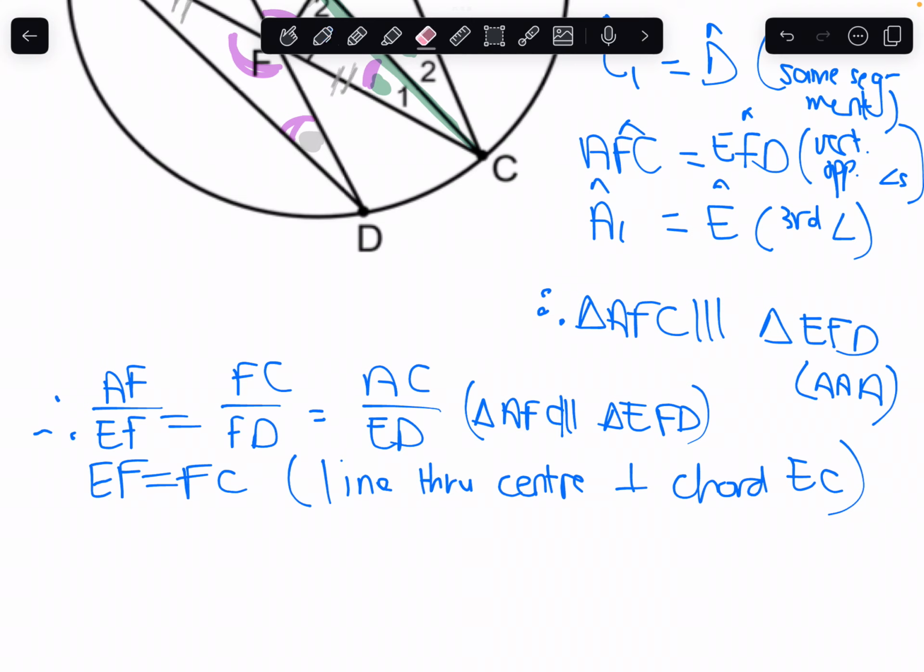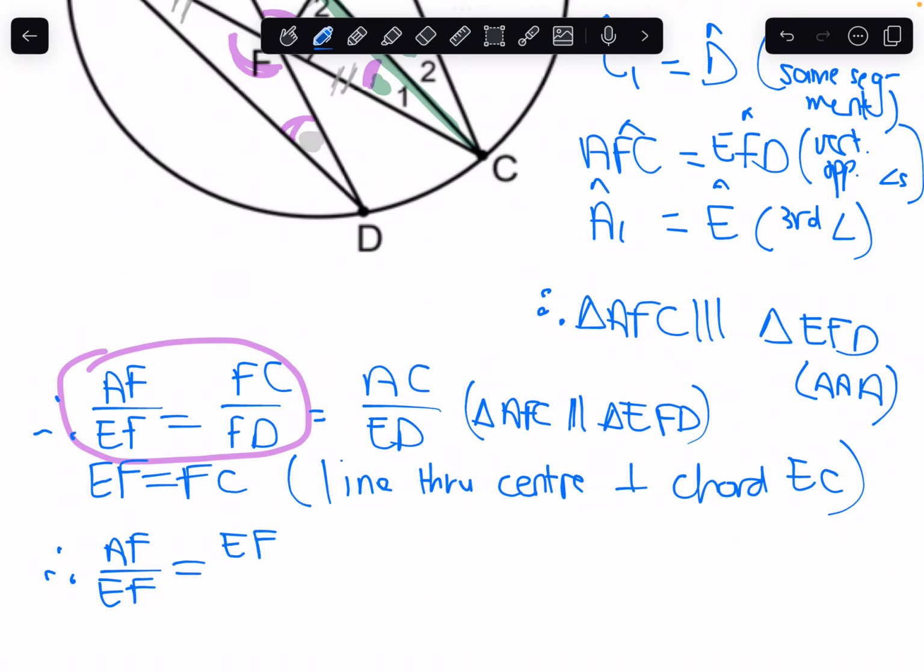That isn't very clear, but anyway, it'll do. And so therefore, using this bit of the statement, that would mean AF over EF is equal to... well, we want to end up with FC. So I'll change the EF to FC, and this one will remain FC over FD.